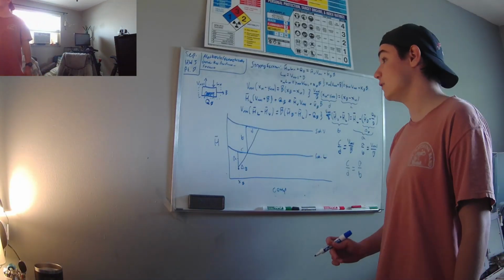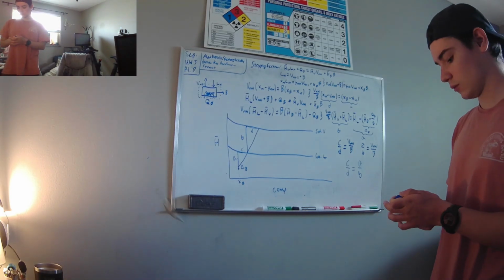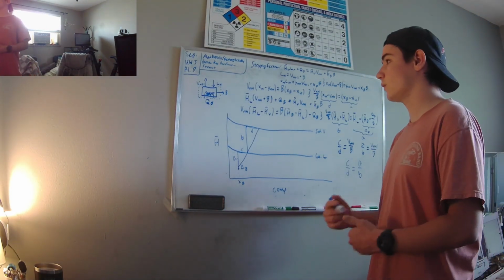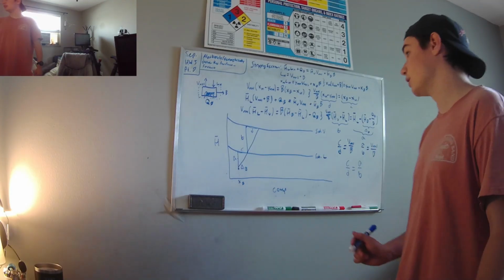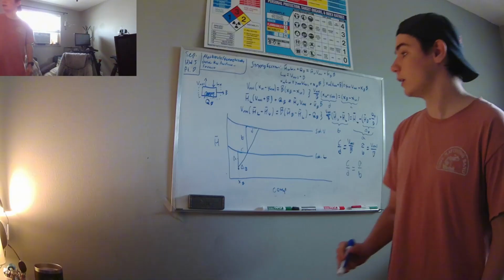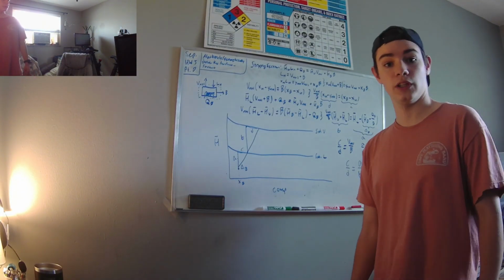And that, I believe, is the end of the first part of Homework D, where we are justifying the Ponchon-Savarit graphical method. So now we can move on to do a little bit of a more real example in Python. So I will see you in that part of the video.